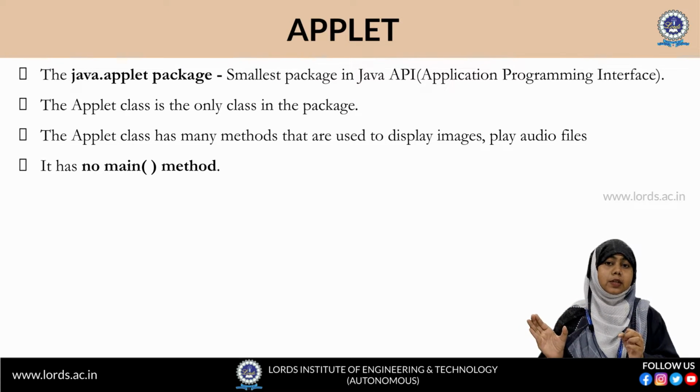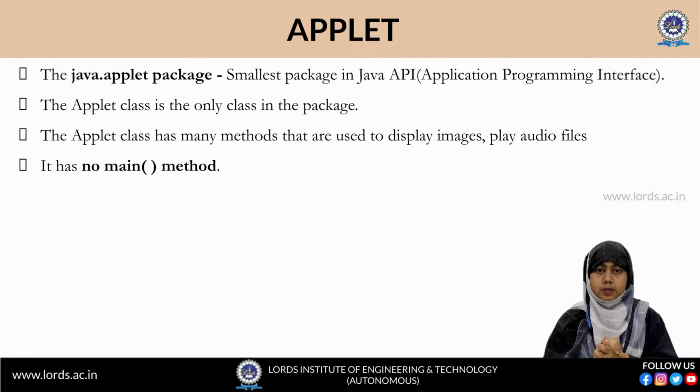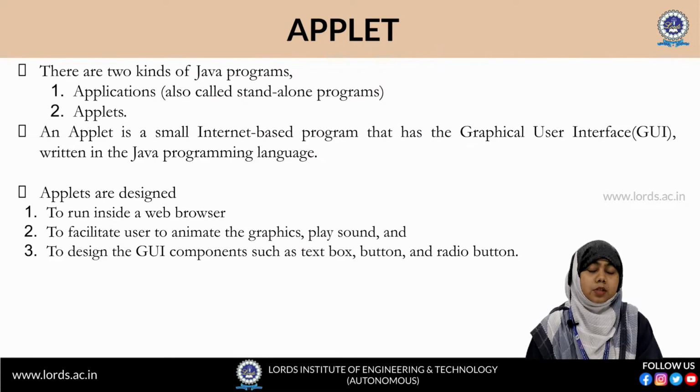You can also call it an internet-based small program, which would be embedded inside one of the web pages, and you can use it for various purposes. Java has two different sorts of programs. One is the standalone application, another one is applets. In the next slide we are going to see the difference between Java application and applets.